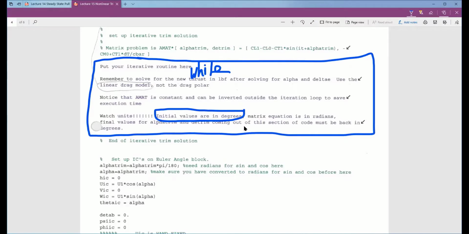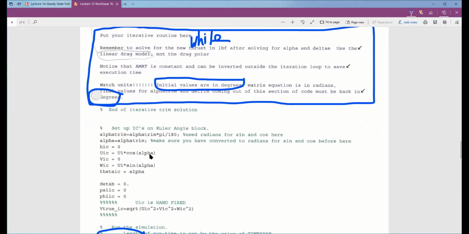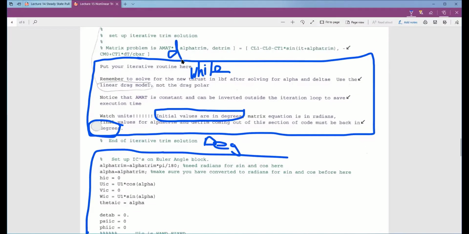And when you drop out of the while loop, you need to go into a section of code that converts it back into degrees, because later on, the MATLAB simulation wants degrees. So don't worry about what's down here and what's going on. You need your values coming out in degrees, and you have to realize that coming in, they are in degrees.